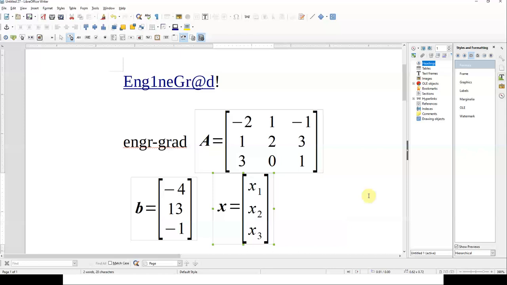B1, B2, B3. Let's do it. X1, dot product means first times first, so it would be A11 X1 plus A12 X2. So that's the first row.